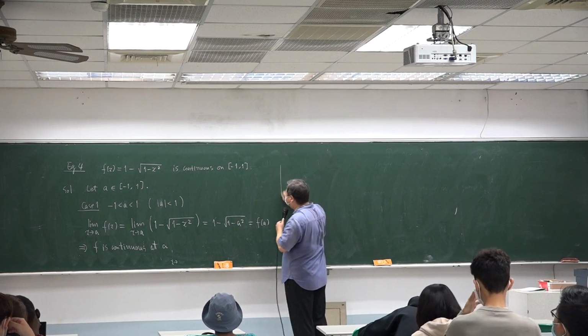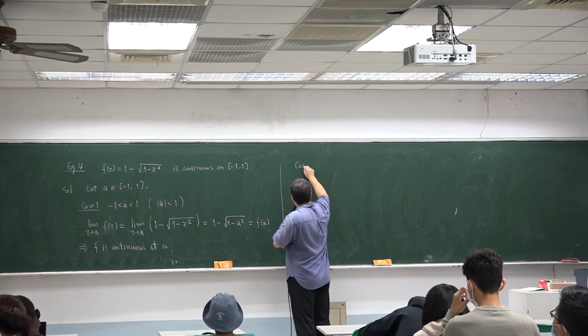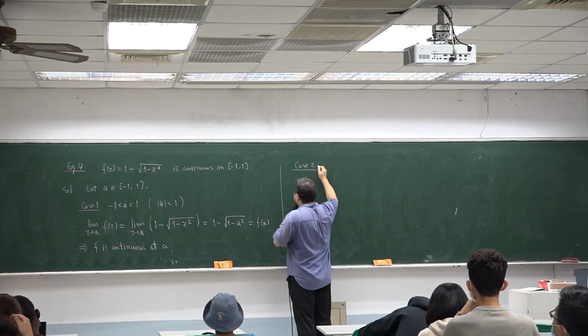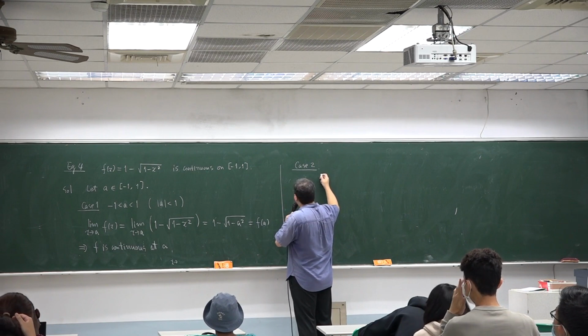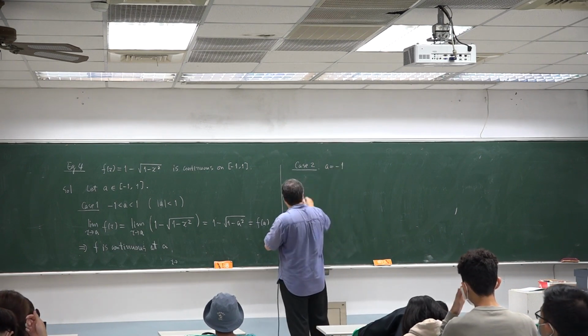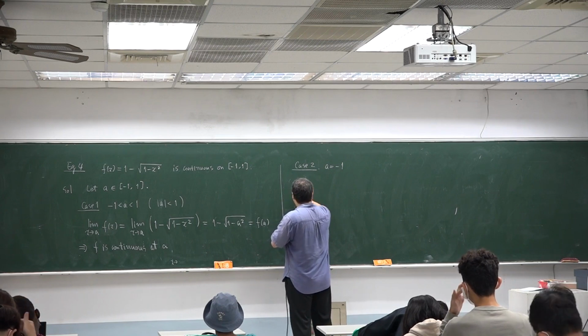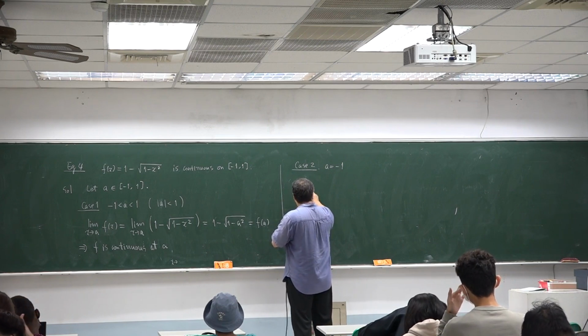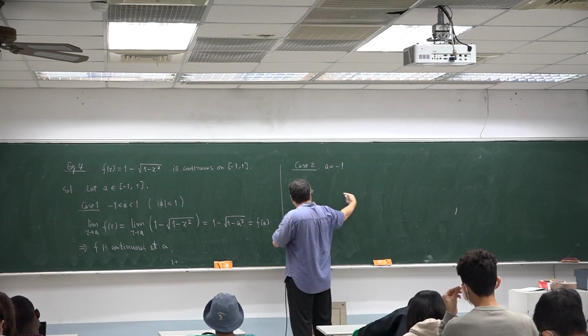Next, we consider endpoints. There are 2 endpoints. When A equals the left endpoint, we will consider the limit from the right.